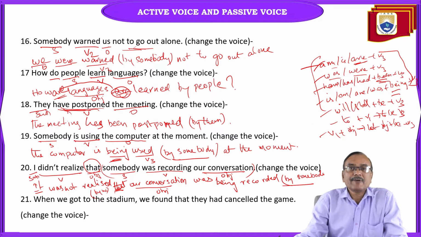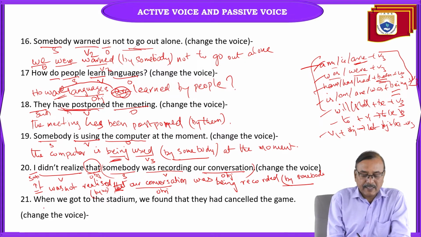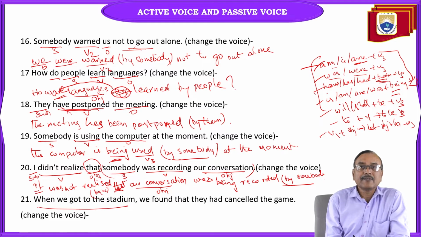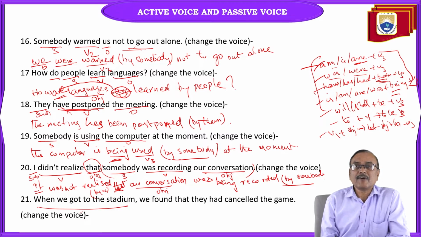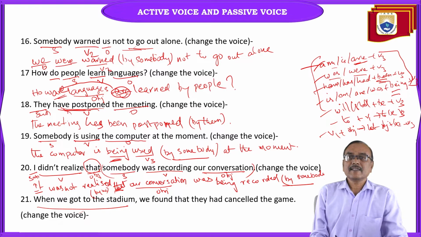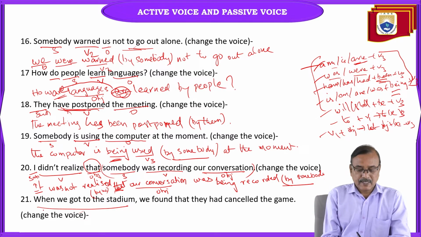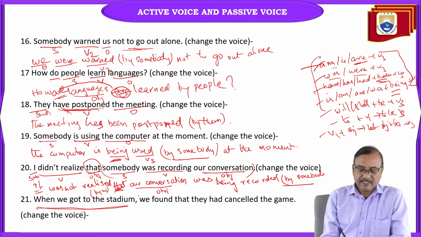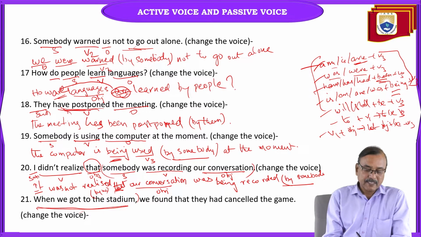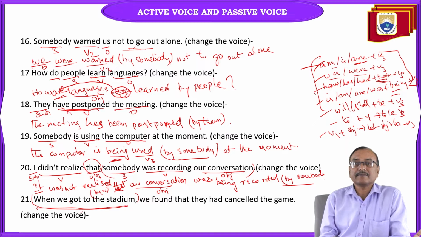Next, when we got to the stadium, this is only a time phrase. Don't think of changing it to passive. We found that they had cancelled the game. So this is only time, just time.